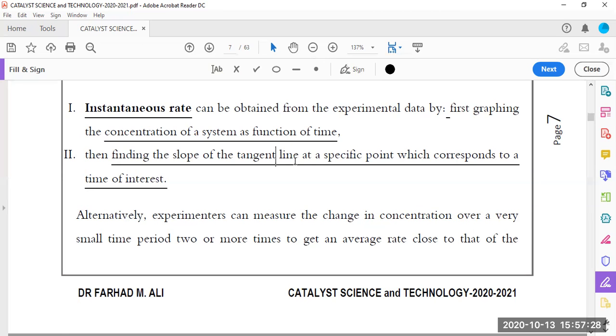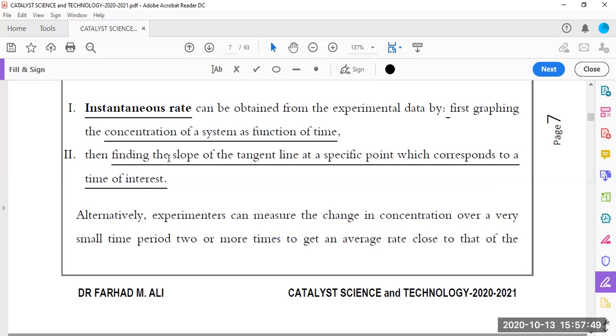So slope of the tangent line at a specific point, which corresponds to a time of interest. What does it mean? It means at what time you want to measure the instantaneous rate. So you draw that tangent at that point.